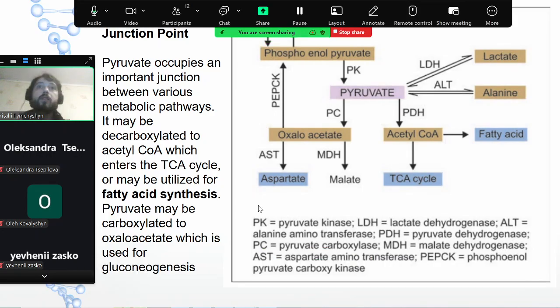What I want with these lectures is just to show you how to analyze a certain pathway so that you can do that with any other pathway you want.